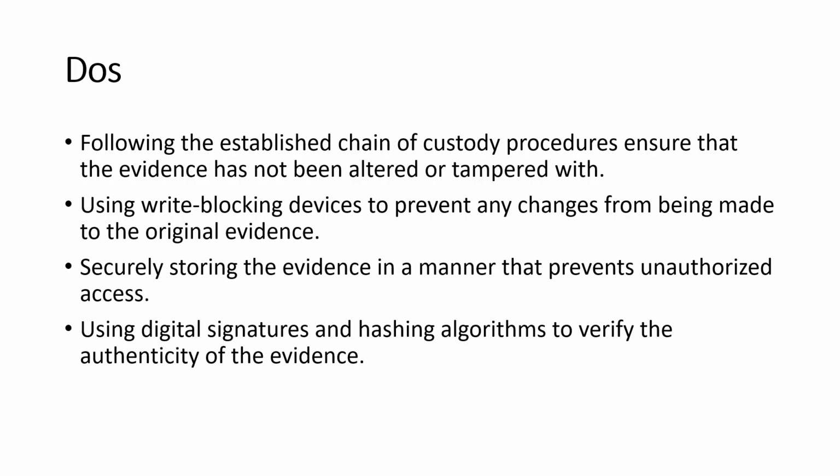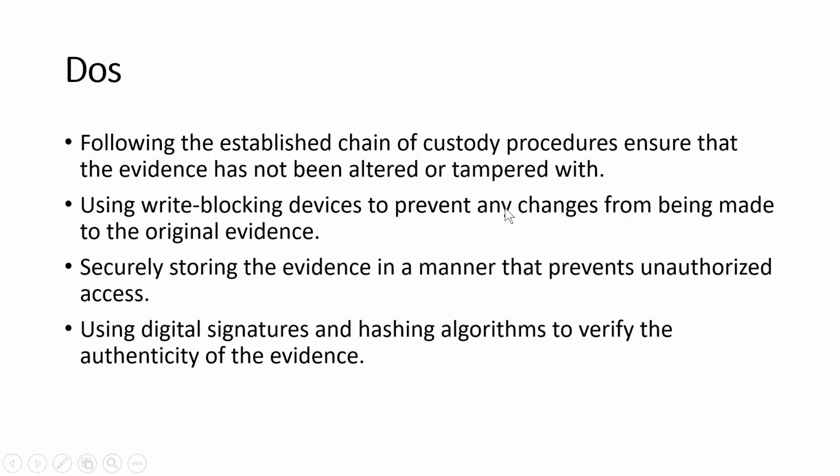Unless, if there is any gap in that, that is, I have collected the data and I have to maintain a record that from today till say a specific date it was under my custody and I am responsible for it. Okay. And if I'm handing it over to somebody else, that also has to be recorded, so that there should not be any gap in the chain of custody. If there is a gap, it means there is a point for it to be tampered. So that is very important.